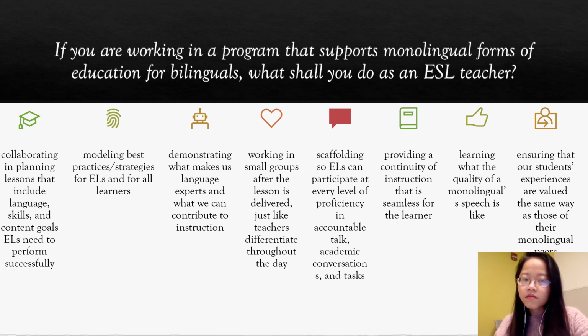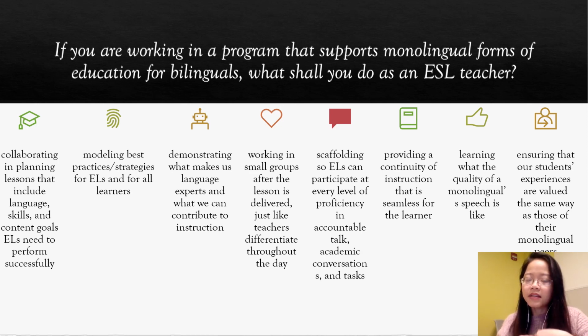Second, the student will learn best in that environment if they can see a lot of good models. So before you expect the student to perform a task, make sure that you model the practice, or you demonstrate the strategy needed for the student to succeed in performing that task.